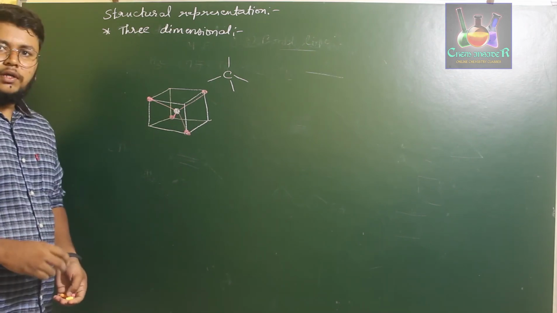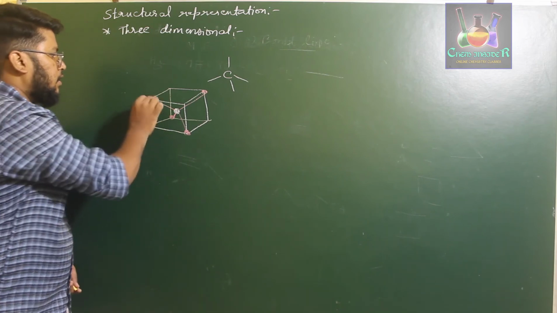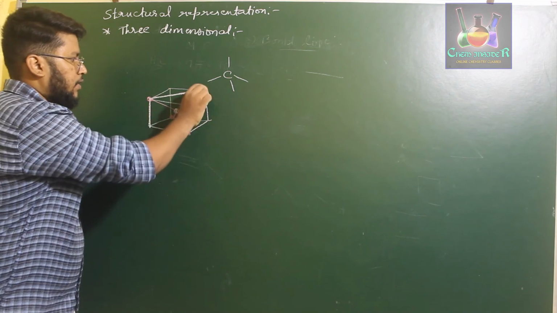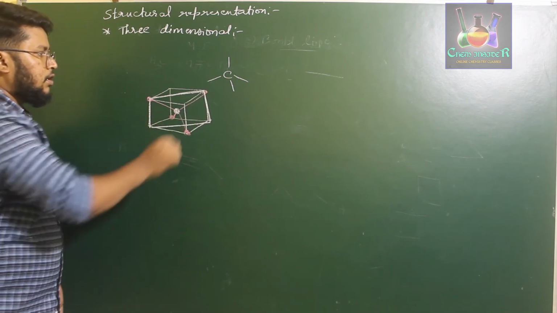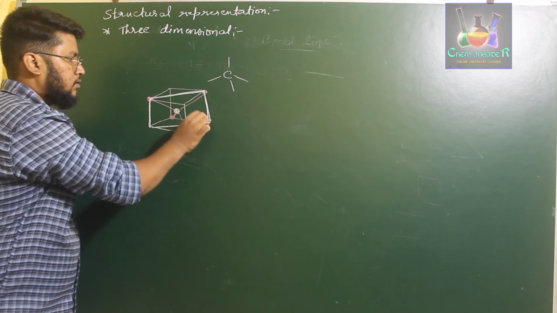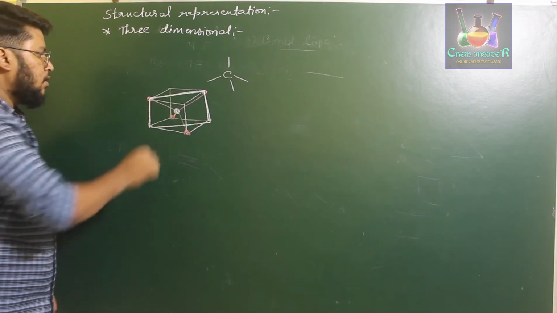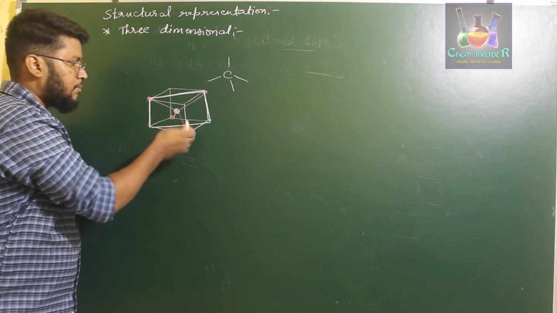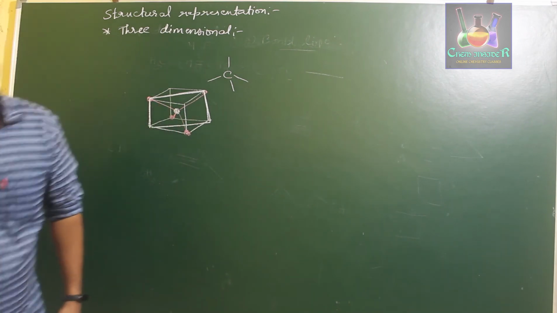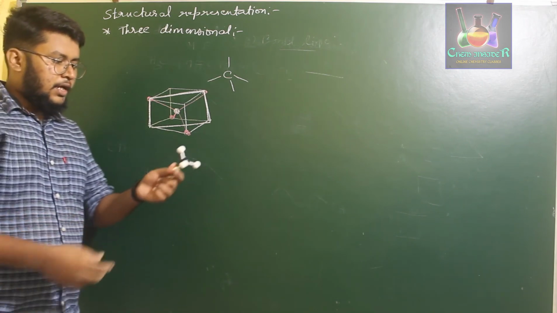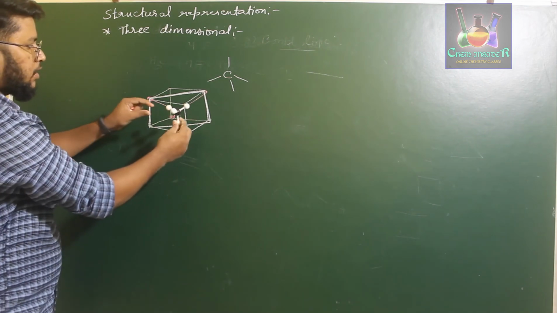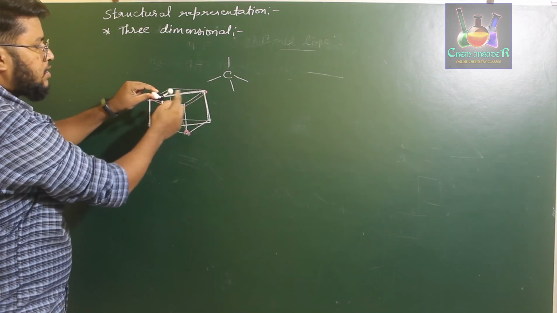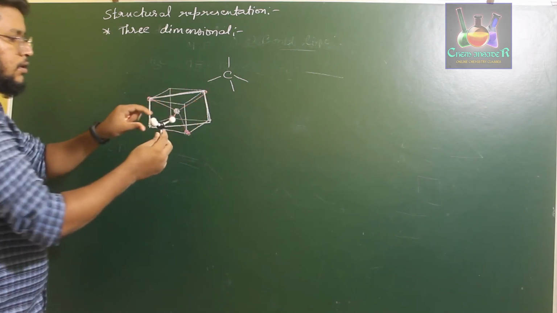Therefore, if you observe carefully, if this is the plane of the molecule, and you consider the face diagonal of the cube passing exactly through the center of the cube from here to here, one atom is away from the observer and this atom is towards you. Therefore, a carbon atom can be represented like this. This is the carbon atom, and this is an attached hydrogen atom.